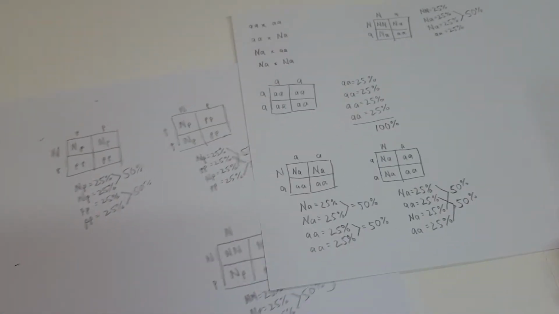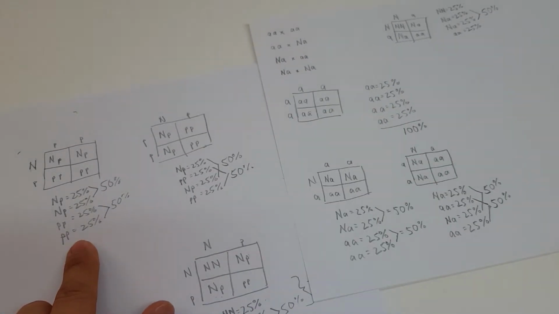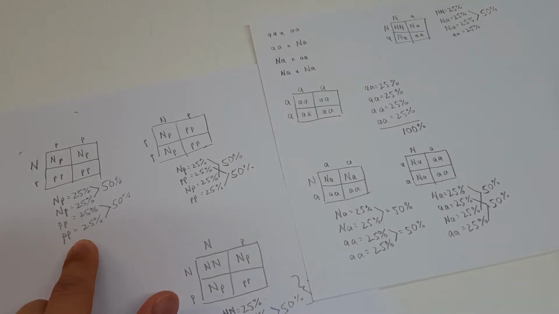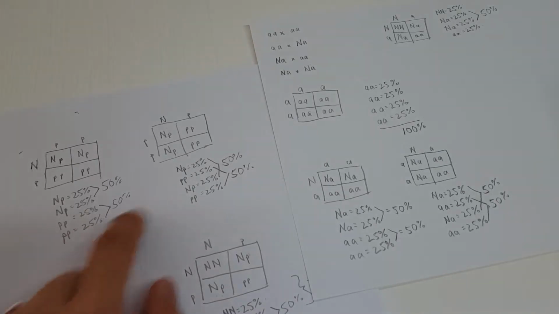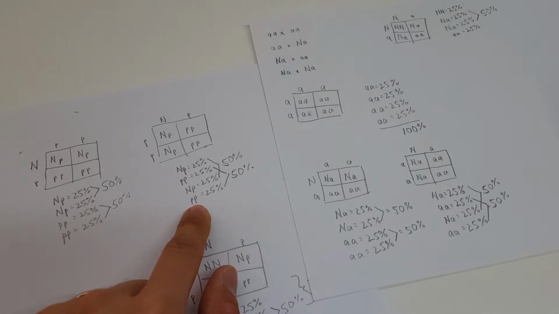We also saw that piebald to a het piebald will produce half of the babies that will be piebald and half of them will be het piebald. In both these scenarios, they're the same.